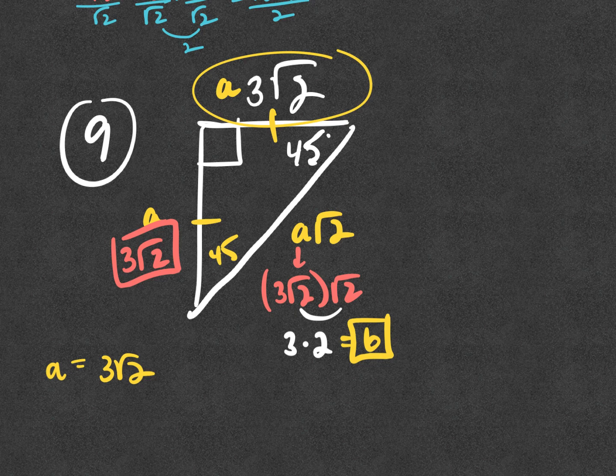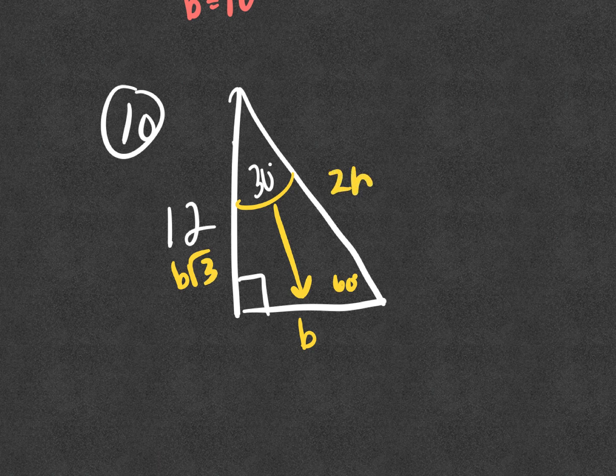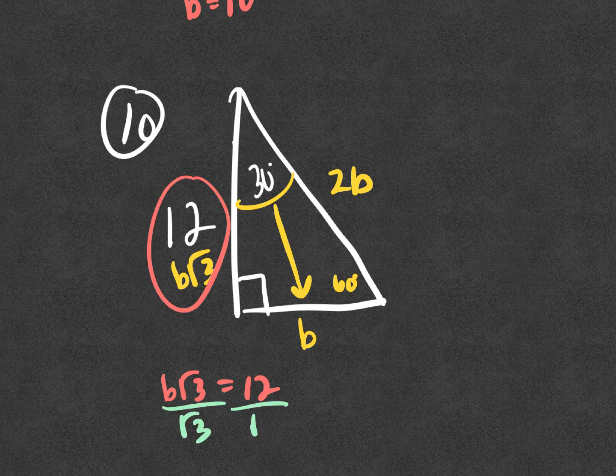Okay, one more example over here. Okay, so this is 30, which means this would be 60. The pattern starts across from a 30-degree angle, b, b root 3, and 2b. Okay, so circle the part of the pattern we have. So b root 3 is equal to 12. And then I need to divide and rationalize. Okay, so times root 3 over root 3.